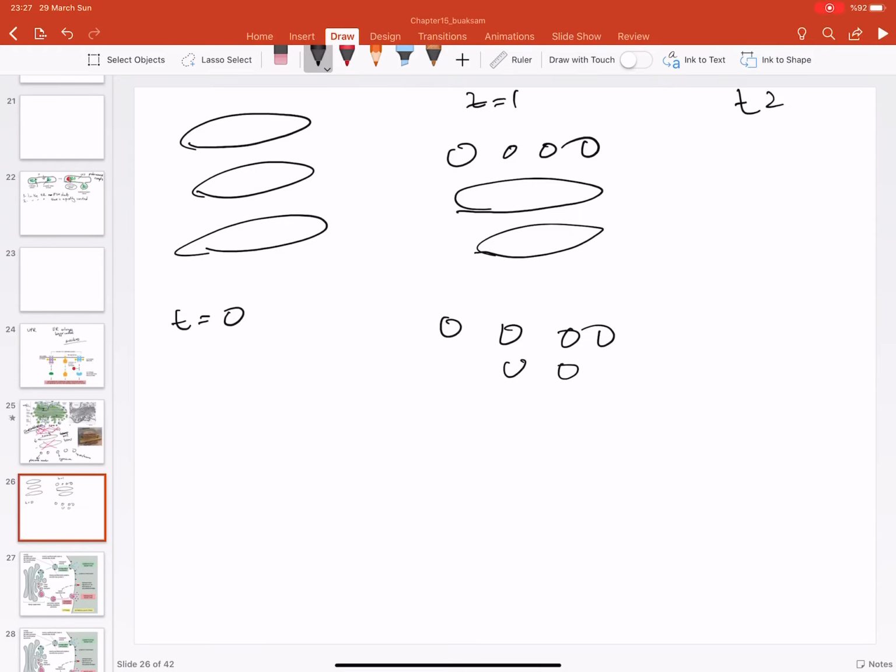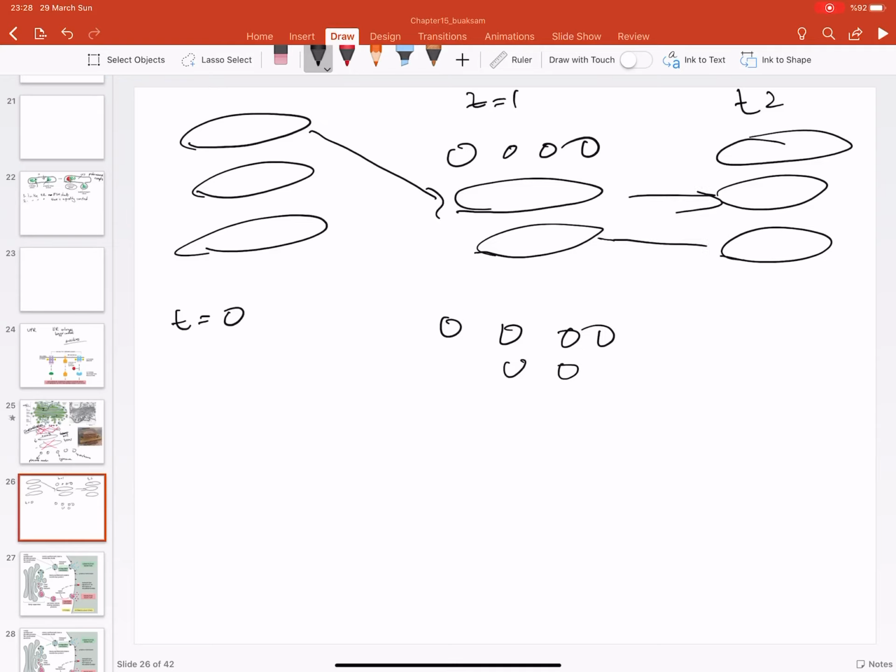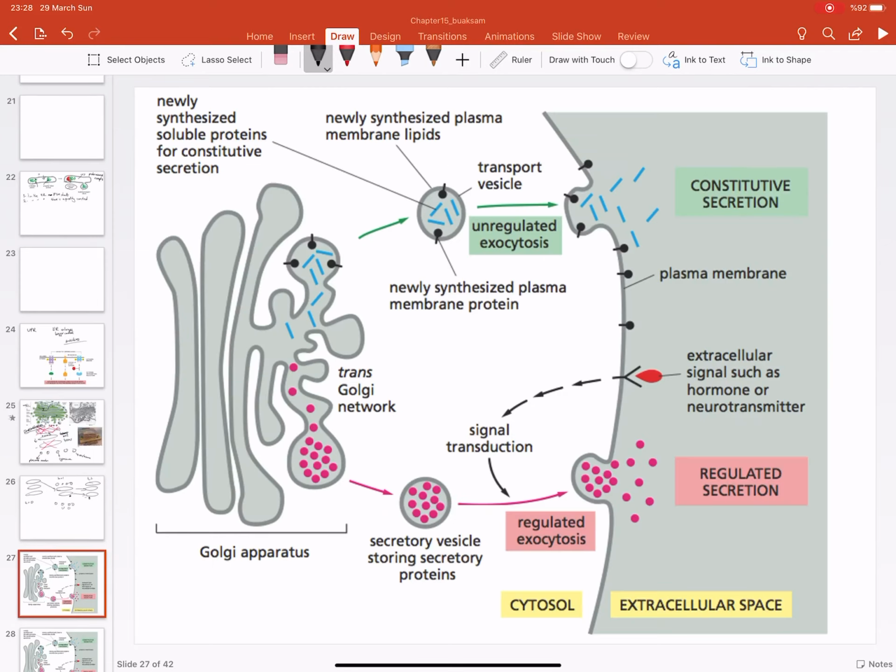At time 2, they will form the new cis. This becomes trans. And I'm sorry, this mid is now the new trans. This is why I say that Golgi is a dynamic organelle.